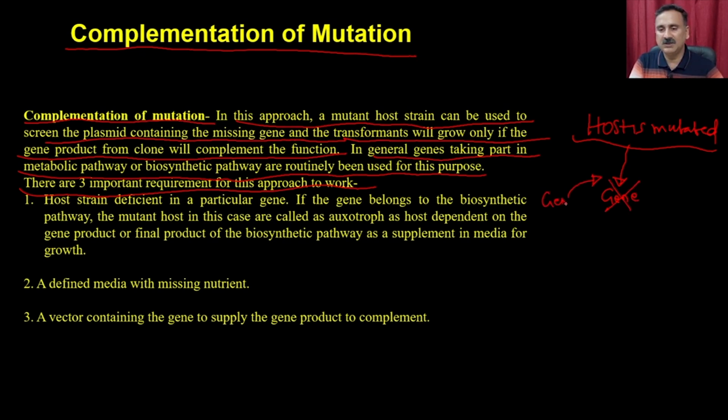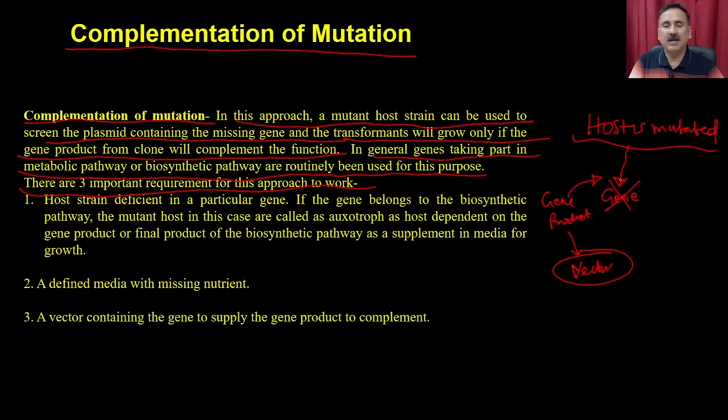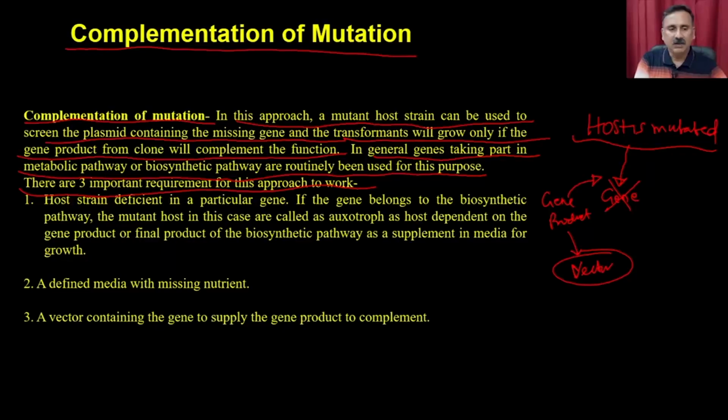If you supply the gene product which is present on the vector, then it is going to grow. So this is called complementation: the host is mutated in such a way that it will not grow until you provide the gene product, and that gene product you are going to provide by the recombinant DNA. So there are three requirements of this approach.